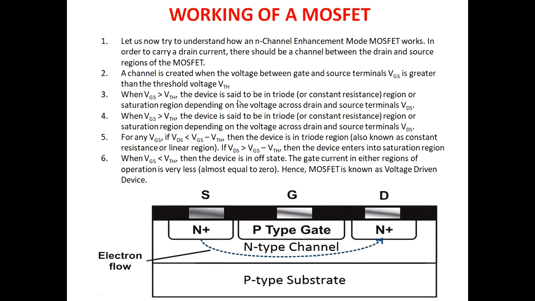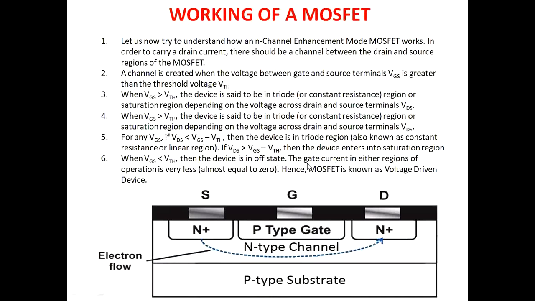So this is the operating region, and when VGS is less than threshold, that is the sixth condition, when VGS is less and the threshold level is more, then this condition is called the off condition of the device.